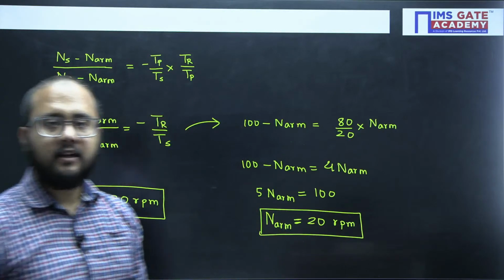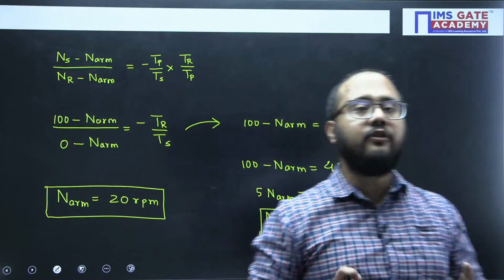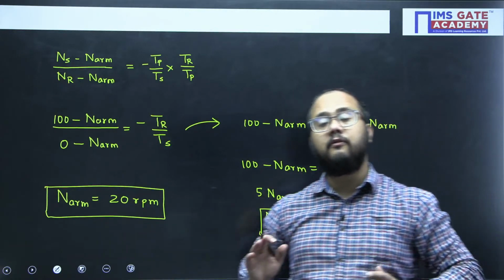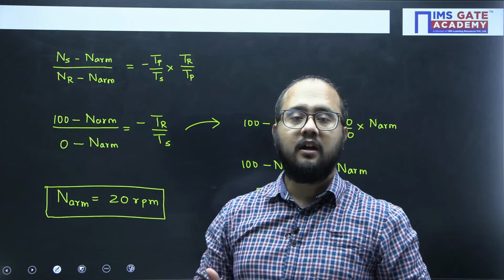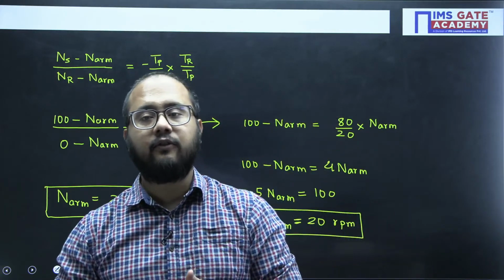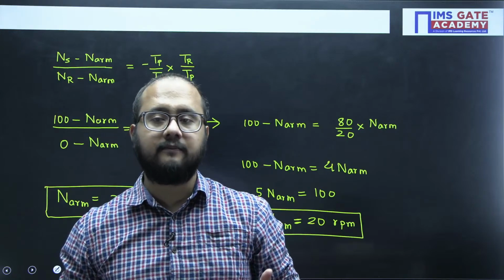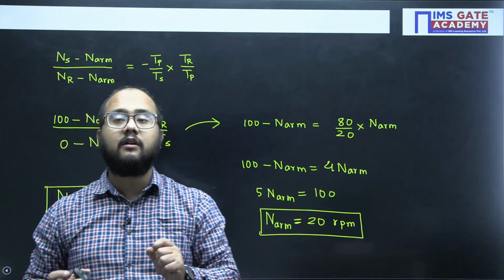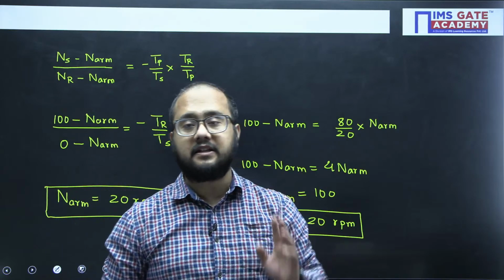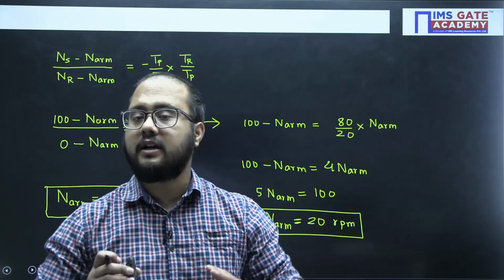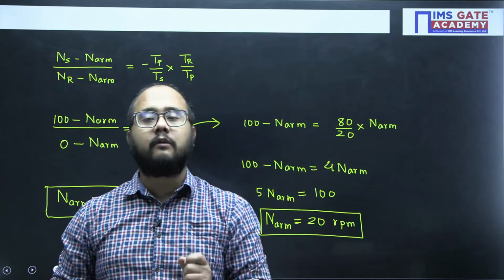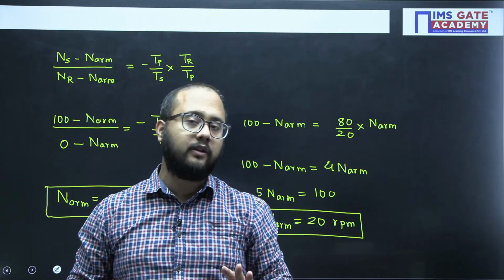Done. So like this we can solve any epicyclic gear train. In the next session, guys, we are going to solve many more problems from this epicyclic gear train, from previous year GATE examinations. So GATE previous year questions from the epicyclic gear train we will be solving in the next session. I hope you have understood how to solve any epicyclic gear train problem with the relative velocity ratio method.